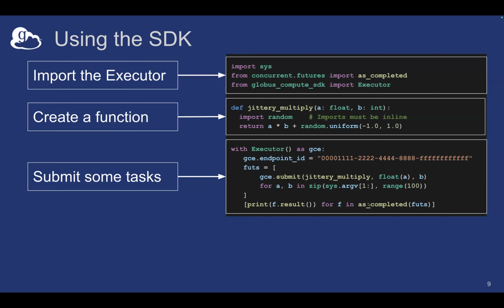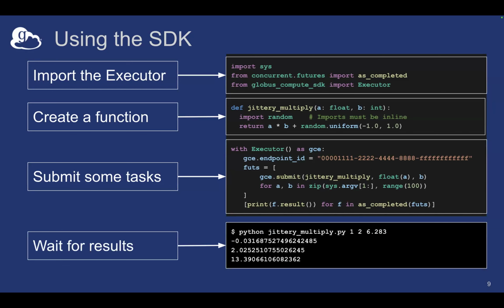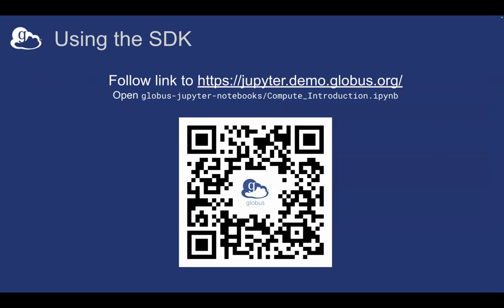We can use things like as_completed from concurrent.futures because the future object itself is essentially a wrapper around the standard Python future, with very small differences, things like the task ID and some other metadata that we need for keeping track of which result goes to which future. And then we can wait for the results to come back. So now let's go into a little more interactive example.